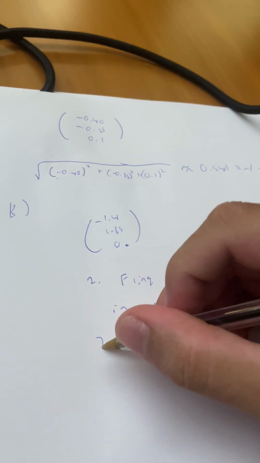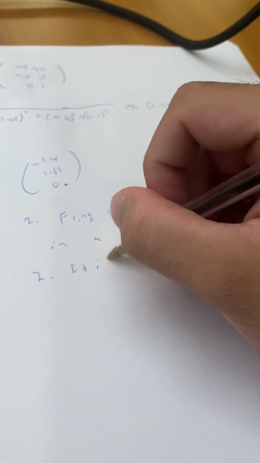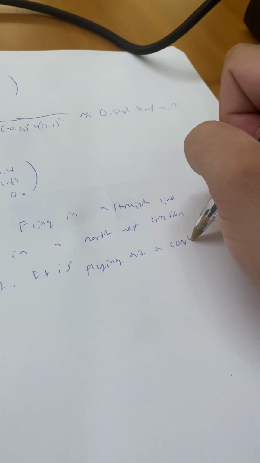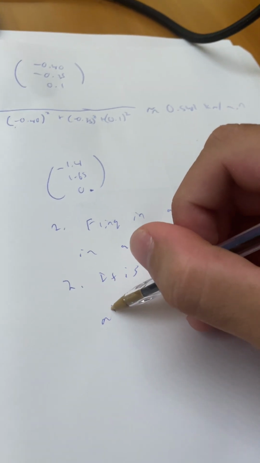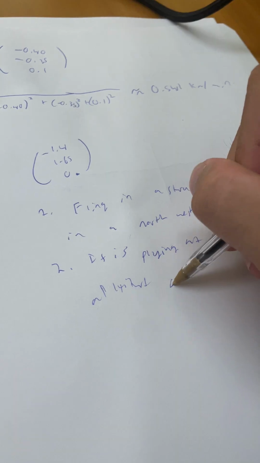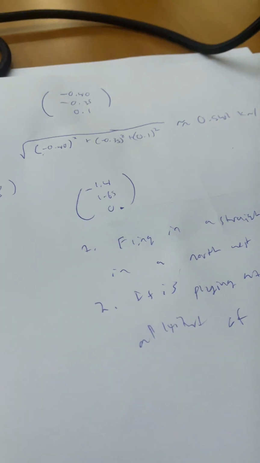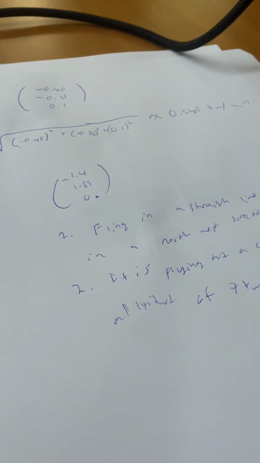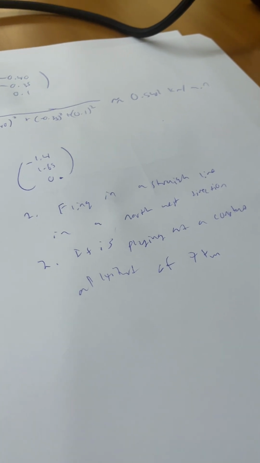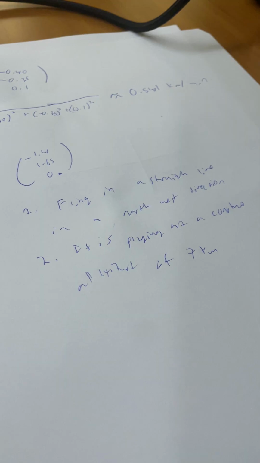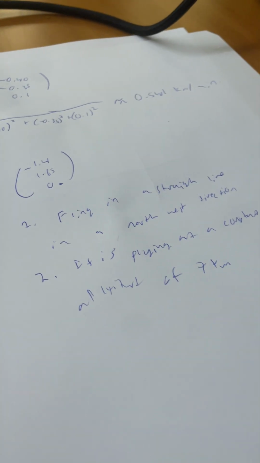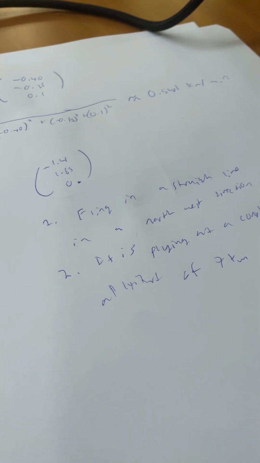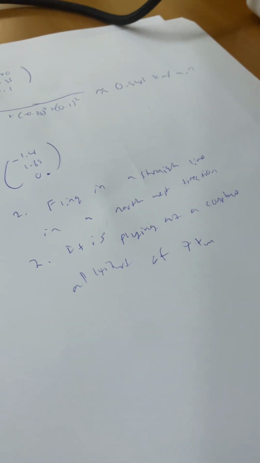And the second one is that it is flying at a constant altitude of 7 km. Okay, so you see, you really need to read the problem carefully and really understand the context behind it, so you can get these types of questions correct, which is what I usually have difficulty with.